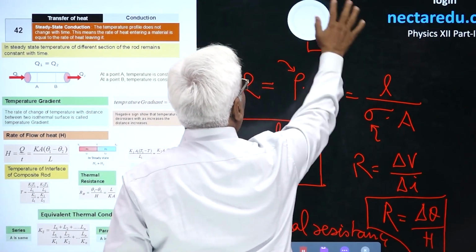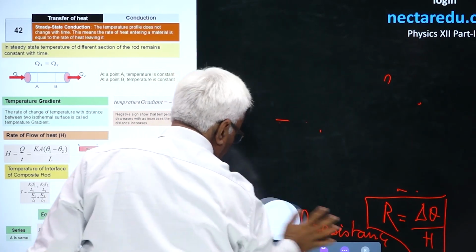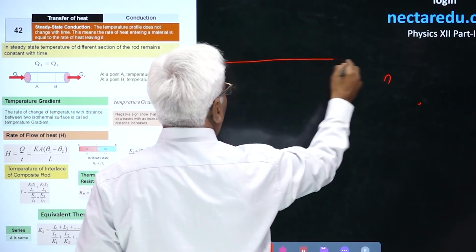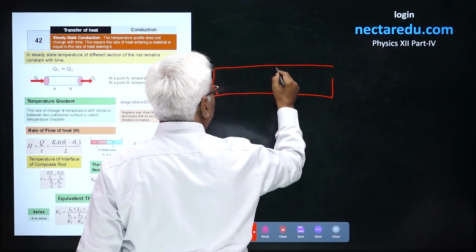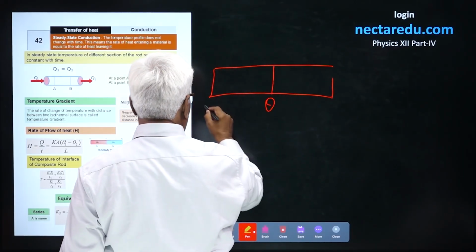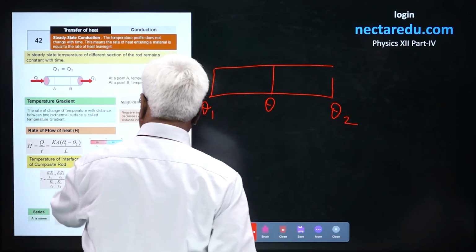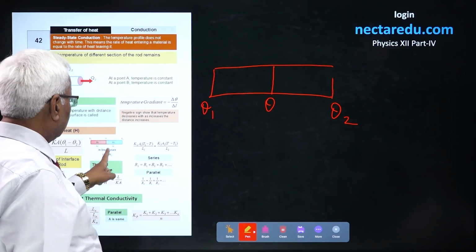And finally, now we'll try to define the temperature of interface when two conductors are joined together. You see, suppose two conductors having temperature theta 1, theta 2 this way. This is given here, T1, T2. The interface of the common face.